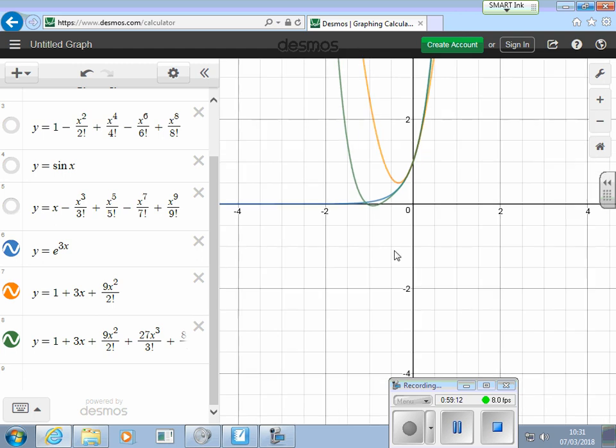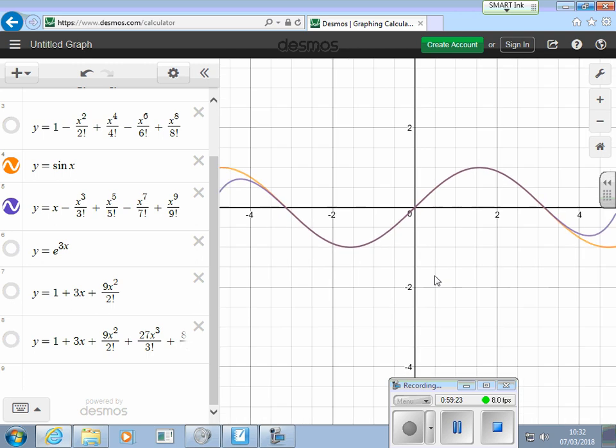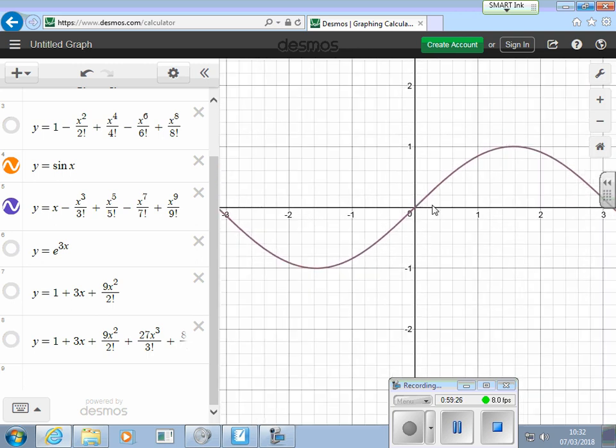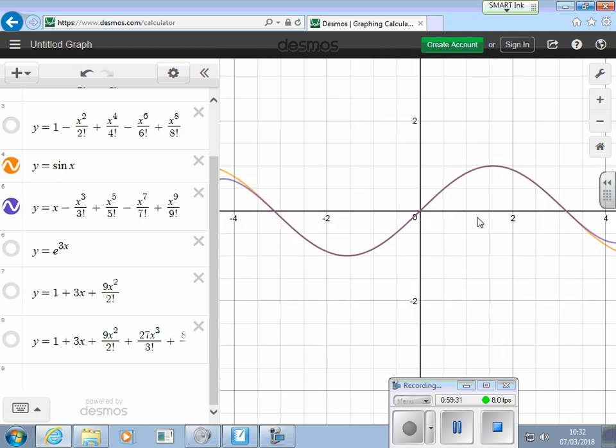And like I said, in the exam, if we just look at the sine function again and its series, if we look at the two of them around this area where it's equal to 0, if we integrate either the Maclaurin series function or the sine x, we're going to get very close results, aren't we?